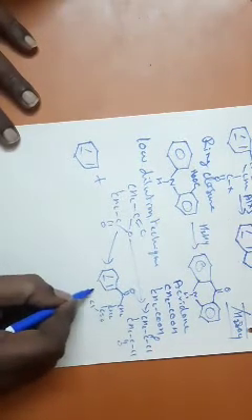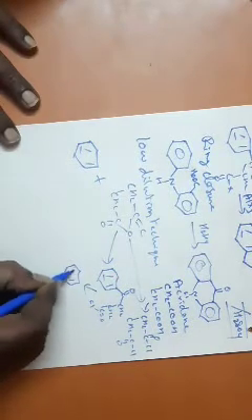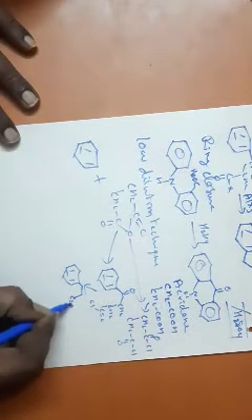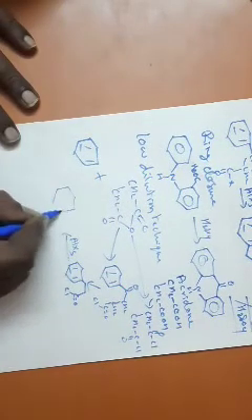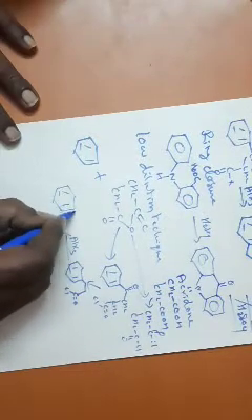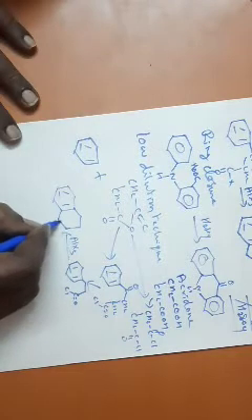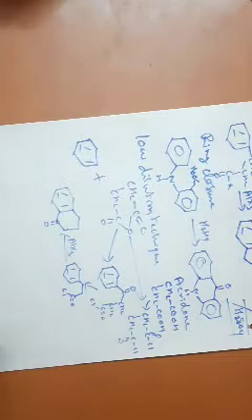Now, if this is reduced, then you get the reduced product where the CO group is reduced, COCl. If this is again treated with a Lewis acid catalyst, then you get the cyclized ketone. If you want, you can reduce it to produce tetralin, or you can keep it as such. So, such reactions are possible.